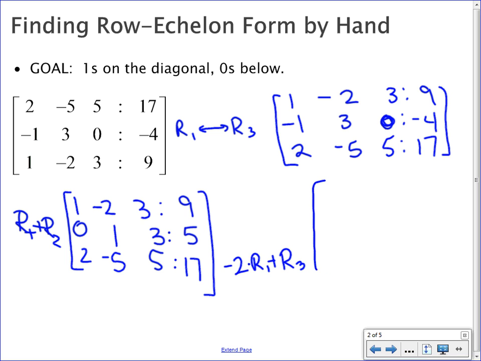And what does that get me for row 3? 0, -1. Yes, because -2 times -2 is 4, plus -5 is -1. -1 again. And then -1 again.